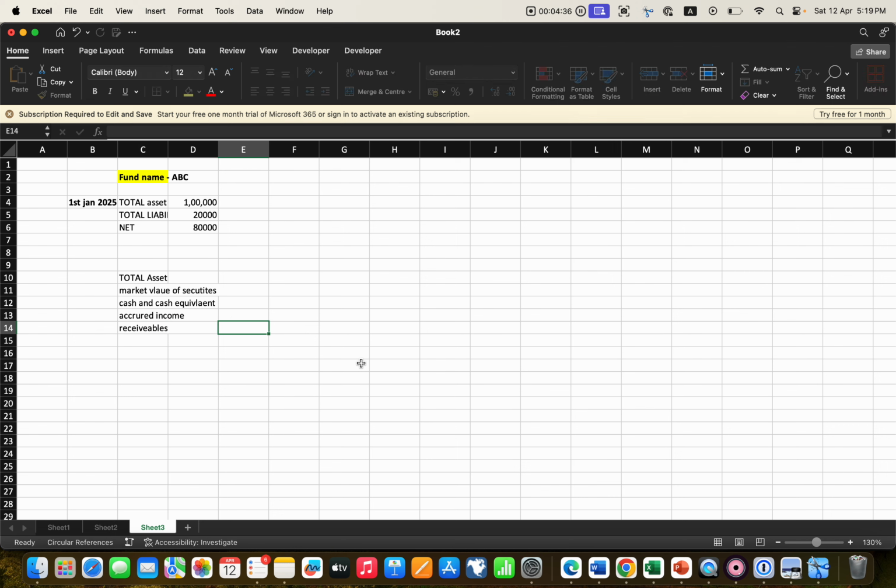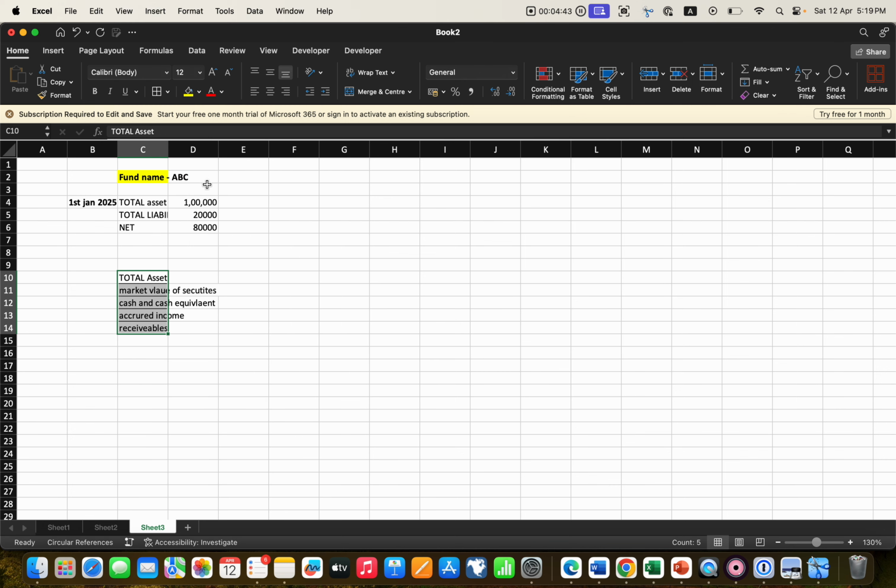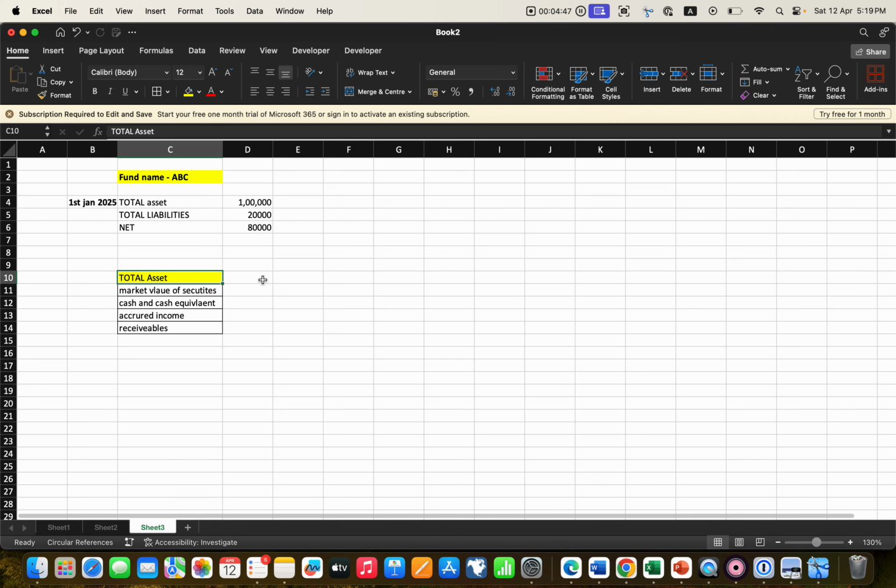These are the common parts of total asset. I just want to put them in a box. These are the parts of total asset.